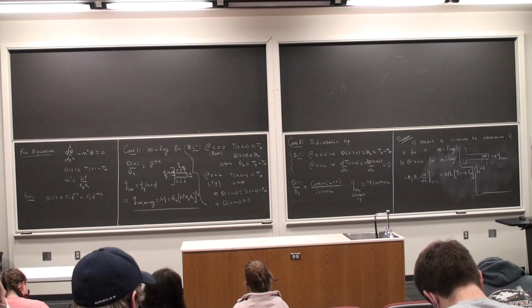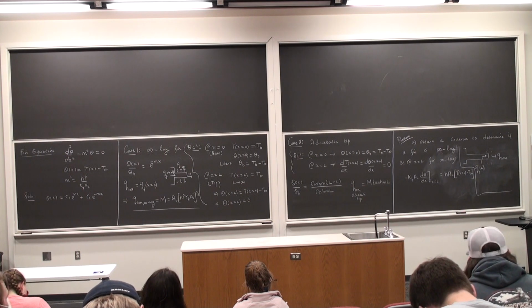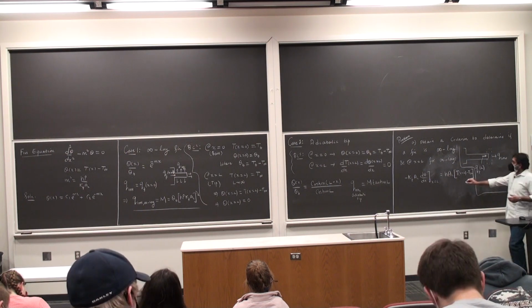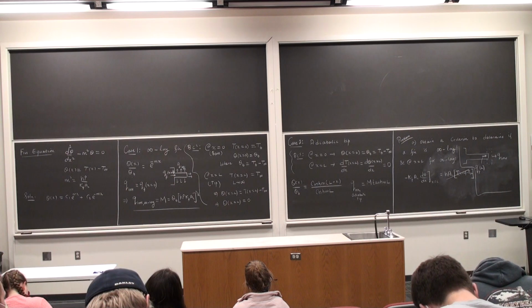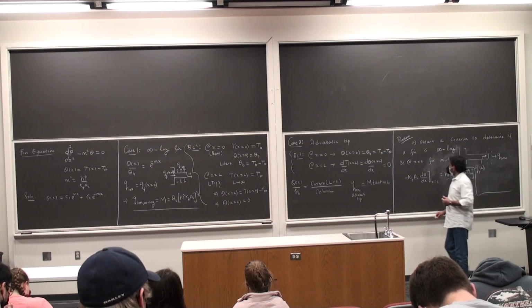And it should be obvious that if I have an infinitely long fin, T at x is equal to L is the same as T infinity, so this entire term vanishes. And so the temperature gradient at x is equal to L is 0.